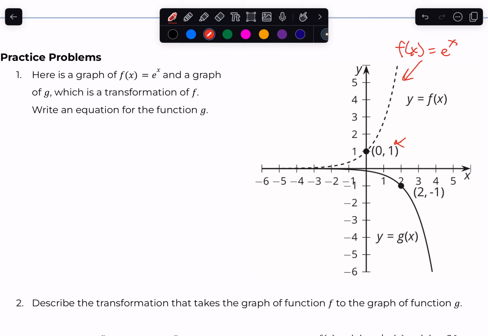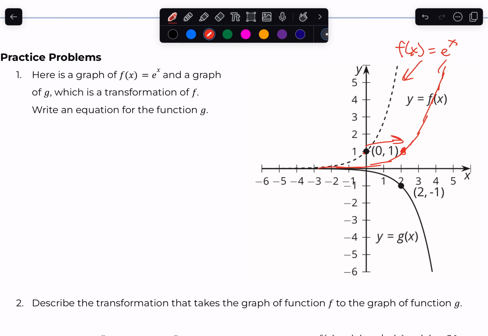G of x is a transformation of f. So how did f change to become g? Well, I want you to picture the point was here, but it looks like if I were to draw the reflection of g of x, doesn't it look like this point moved over 2 spaces?